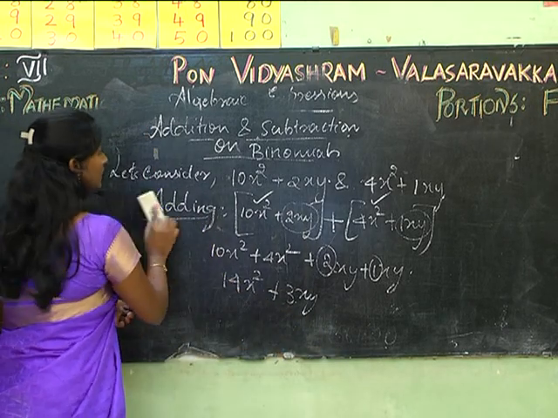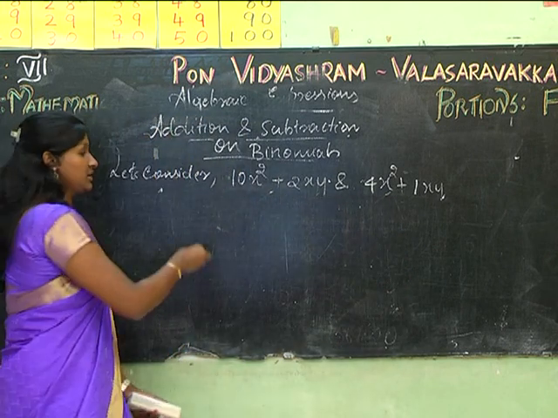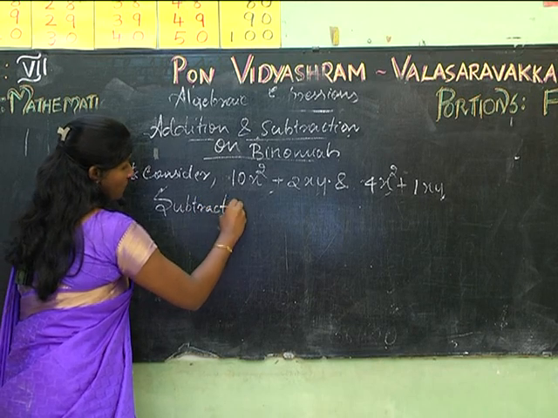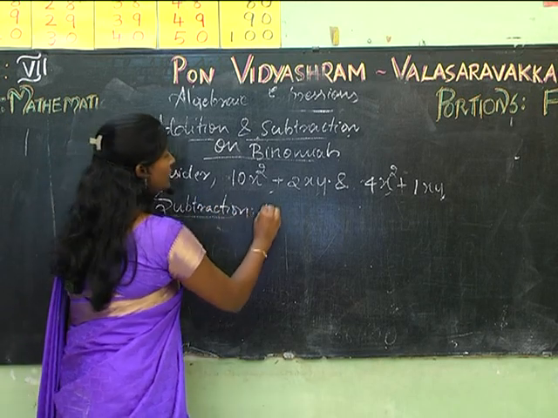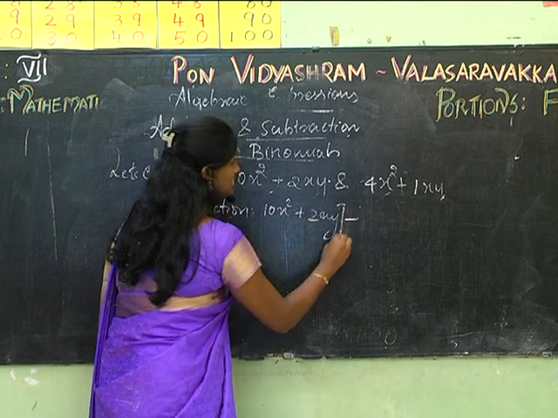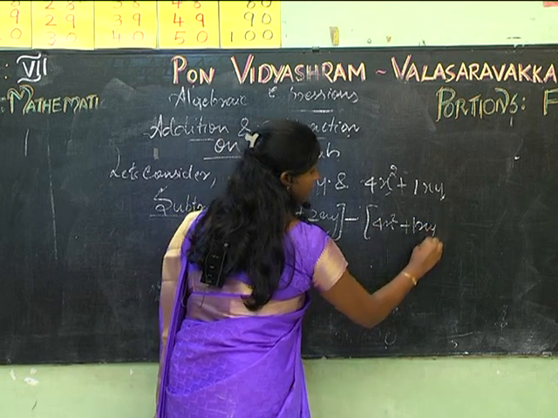And then with the help of the same binomial expression, I am going to perform the subtraction. So 10x square plus 2xy minus 4x square plus 1xy.